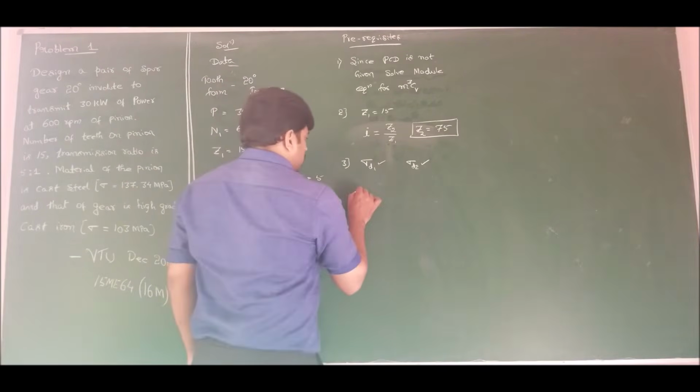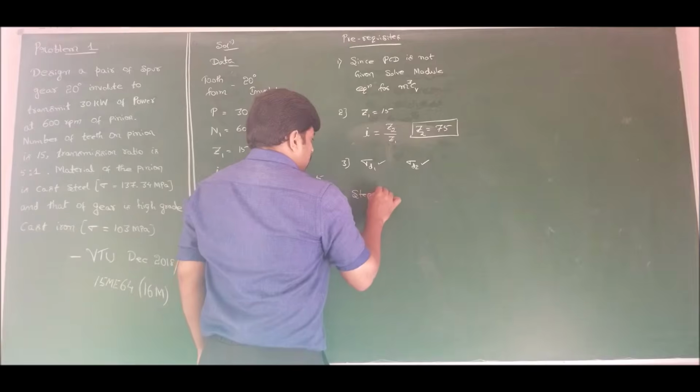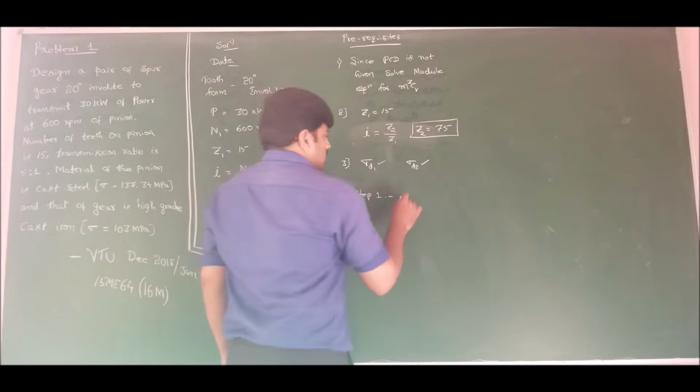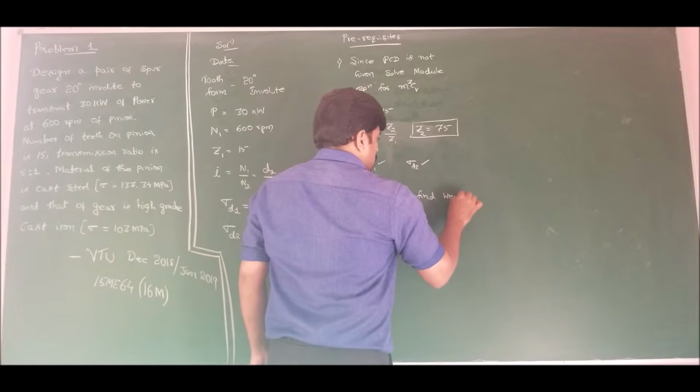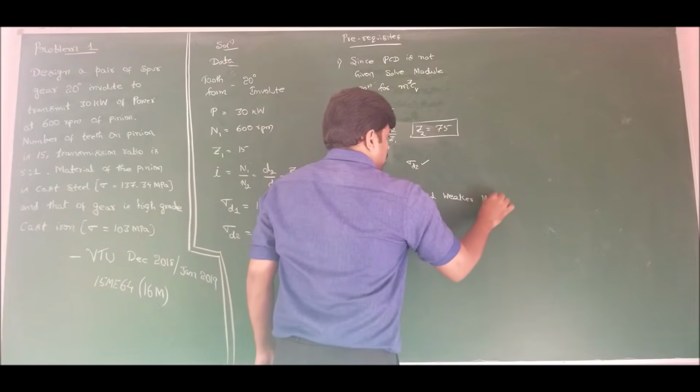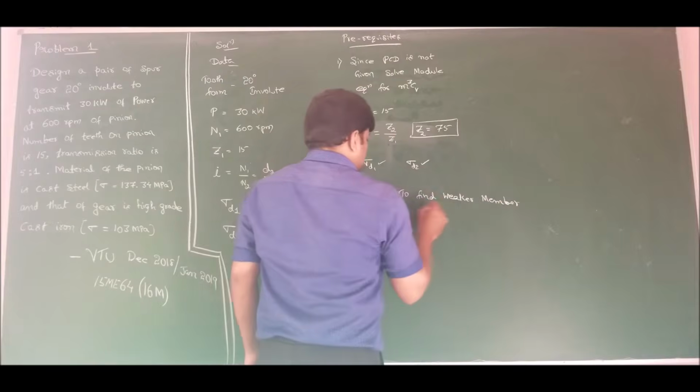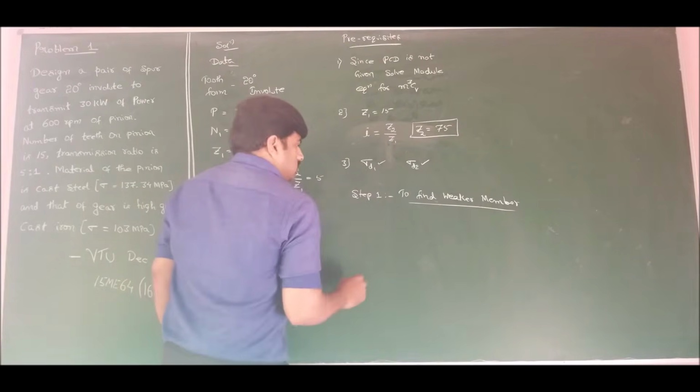In step 1, we should find the weaker member. So formulate the table.